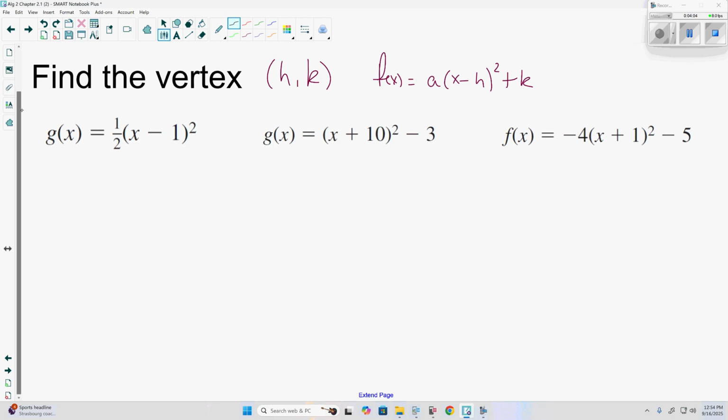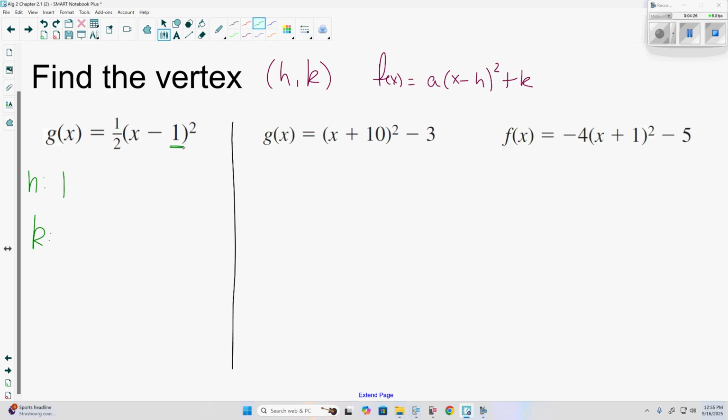Now, if we look at g here, do we have a value for h? Yeah, we have a value for h. It is this one right here.